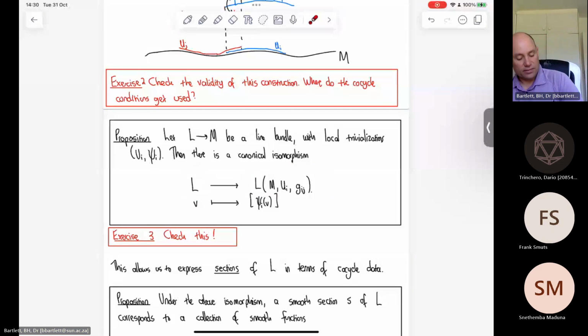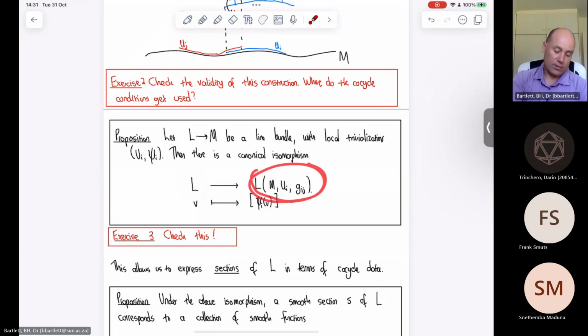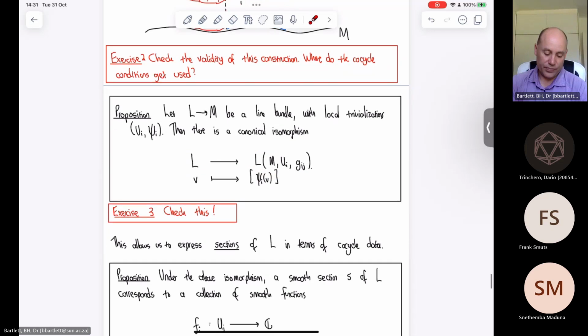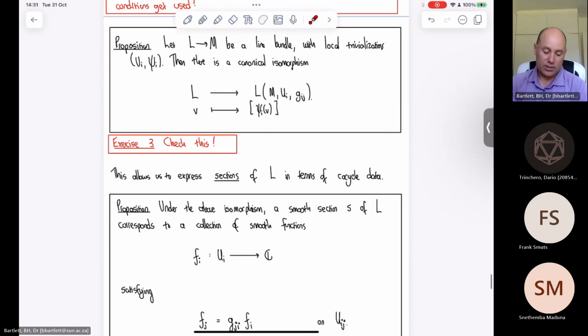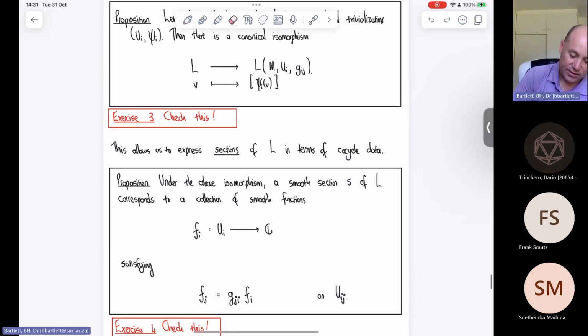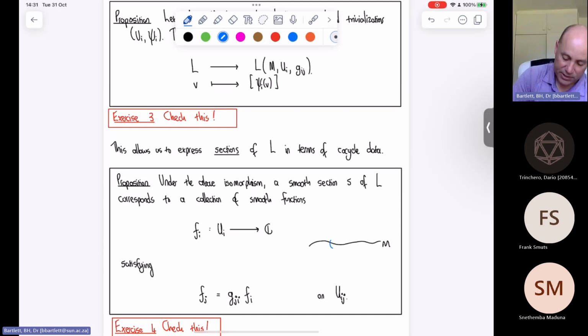So under the above isomorphism between a line bundle and the line bundle constructed from some cocycles, what does a smooth section of the line bundle correspond to on the right-hand side? Well, a smooth section corresponds to a collection of smooth functions on each open set satisfying this equation on the overlaps. Because if you've got your manifold M, then we've got an open set Ui, and that means we've got a local trivialization si here.